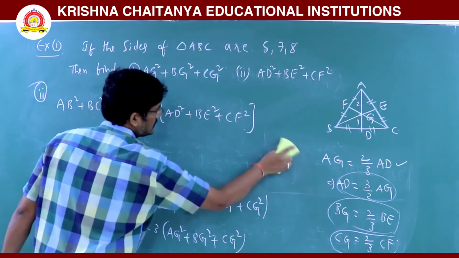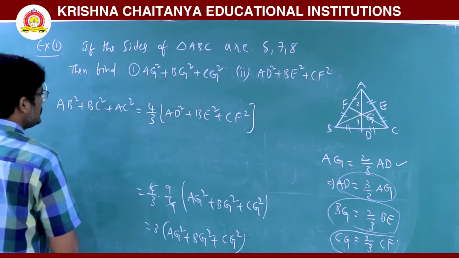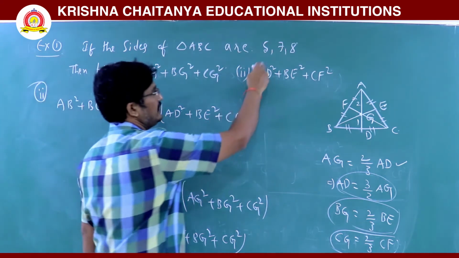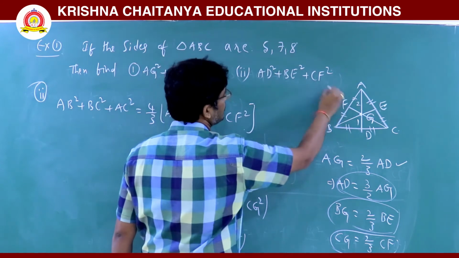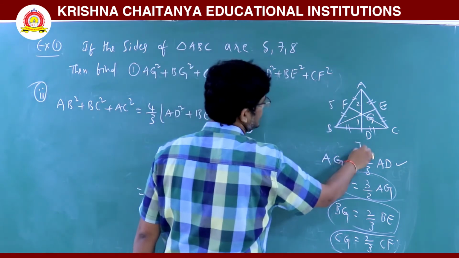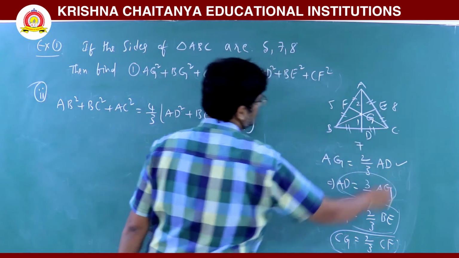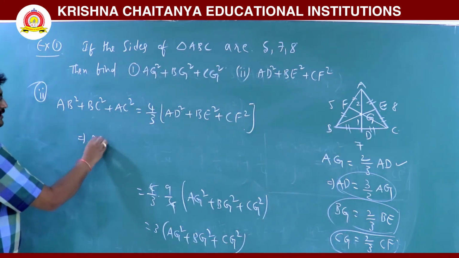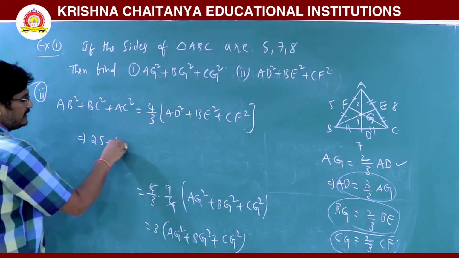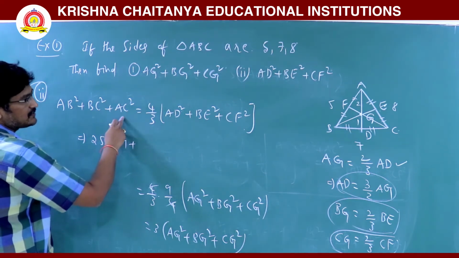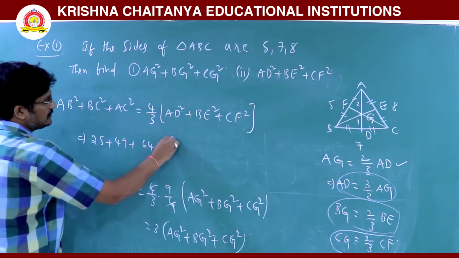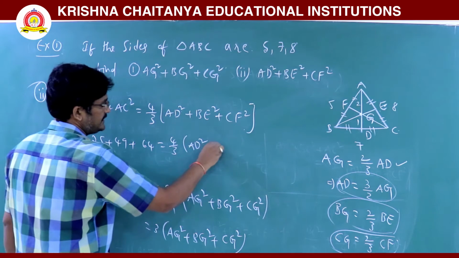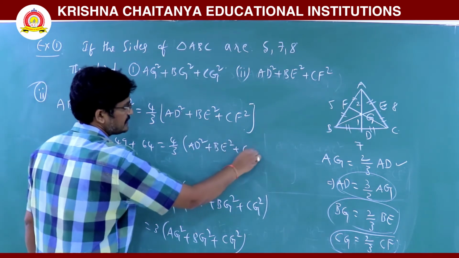See here. So what is AB square? The lengths of triangle ABC: suppose this length AB is 5, this length BC is 7, this length AC is 8. Next, AB square, 5 square is 25, plus BC square, 7 square, 49, plus AC square, 8 square, 64, is equal to 4 by 3 times of AD square plus BE square plus CF square.